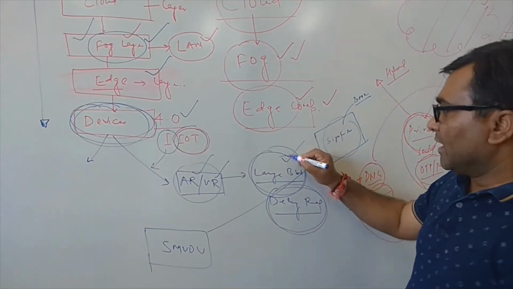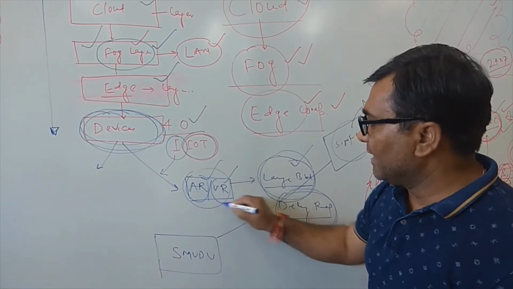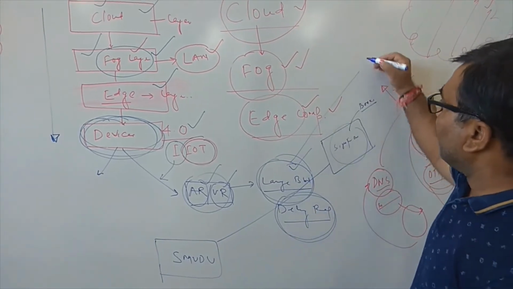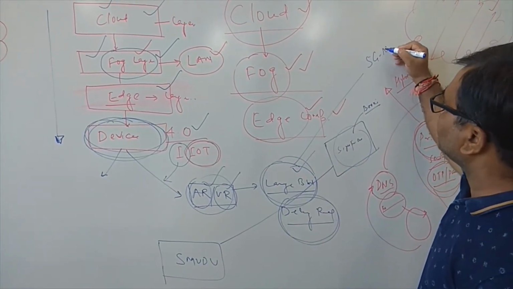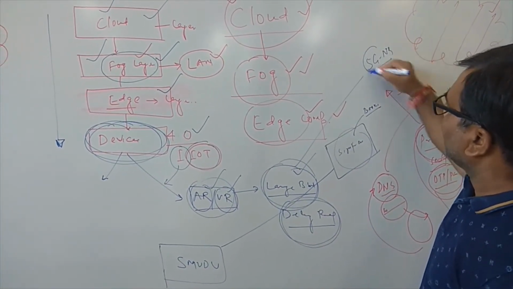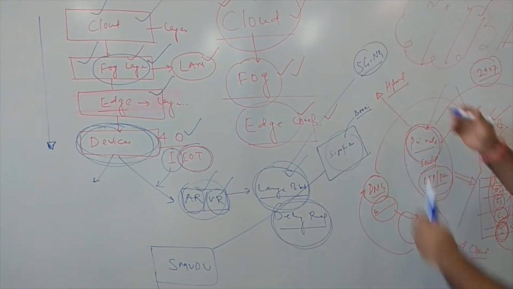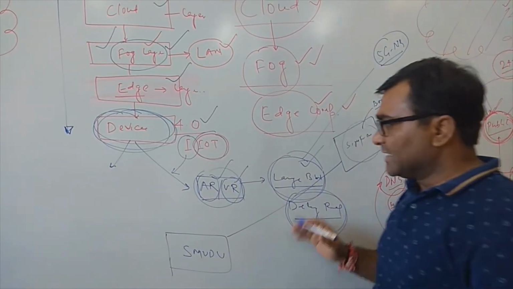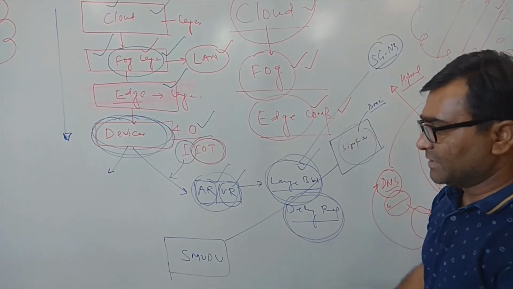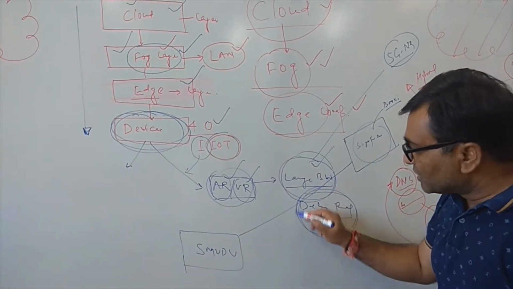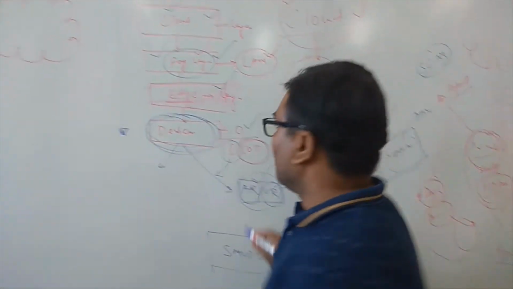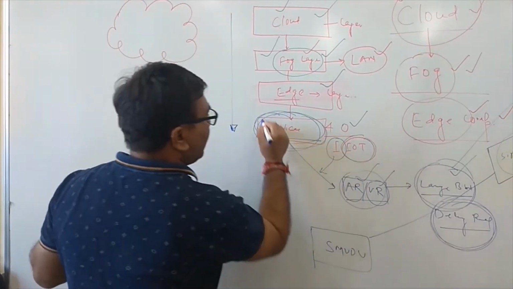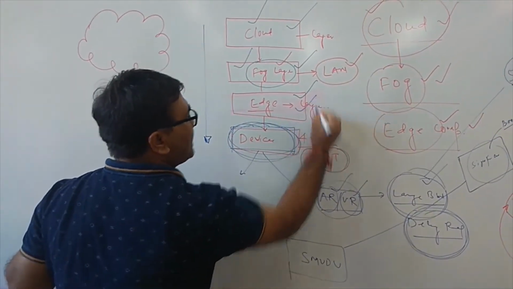As you know, AR and VR come into the picture when the backbone network is 5G, right? We will not deal with 5G and other things here. See the concept: to reduce the delay, your device needs near real-time processing.